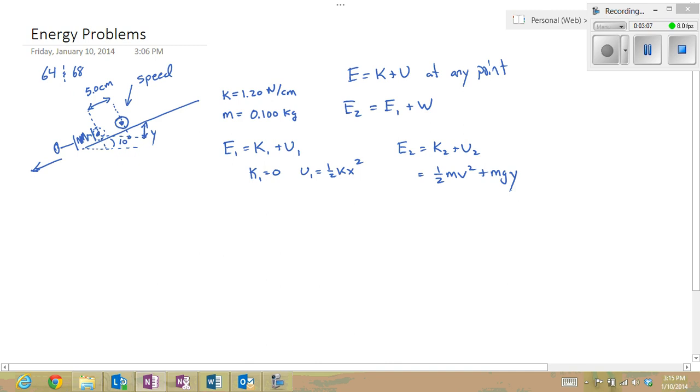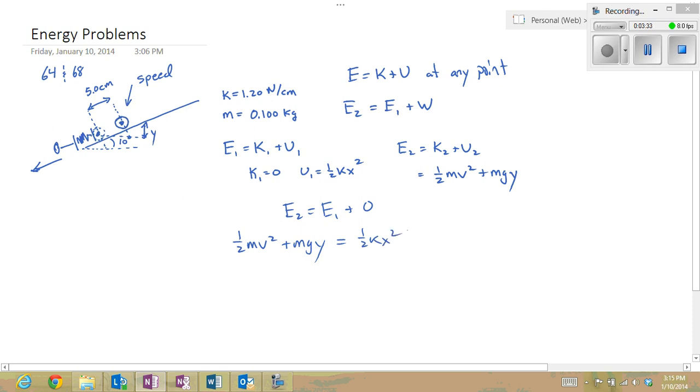So since the problem told us that this was a frictionless system, we can say then that E2 is equal to E1 plus 0 for the work. No work was done to friction, no energy was lost. So I can say 1 half mv squared plus mgy is equal to 1 half kx squared.